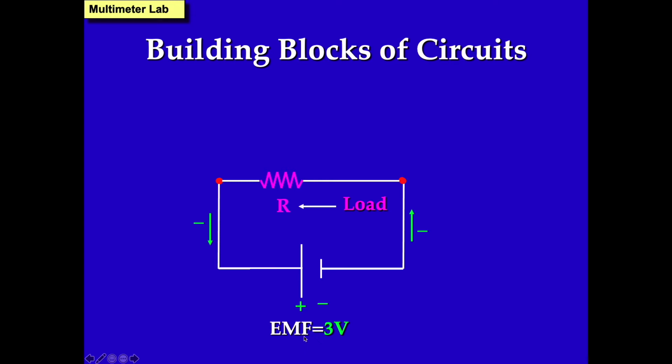The EMF that you see there is the rating of the battery. But your load, your resistor, and that could be anything, it could be your light bulb, whatever that's hooked up to your power supply or your battery, is not going to get the 3 volts, because your battery or power supply has some sort of internal resistance built in.